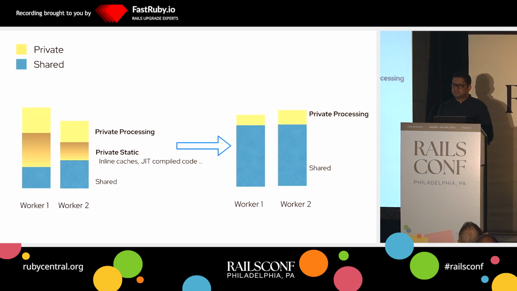The result is dramatic. The memory that was previously private static is now shared across all workers. The only private memory each worker needs is for the request it is actively processing. This makes adding more workers remarkably cheap from a memory usage perspective.